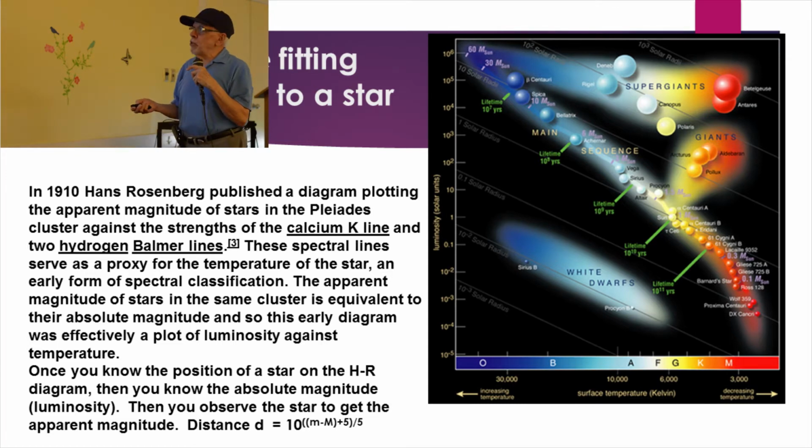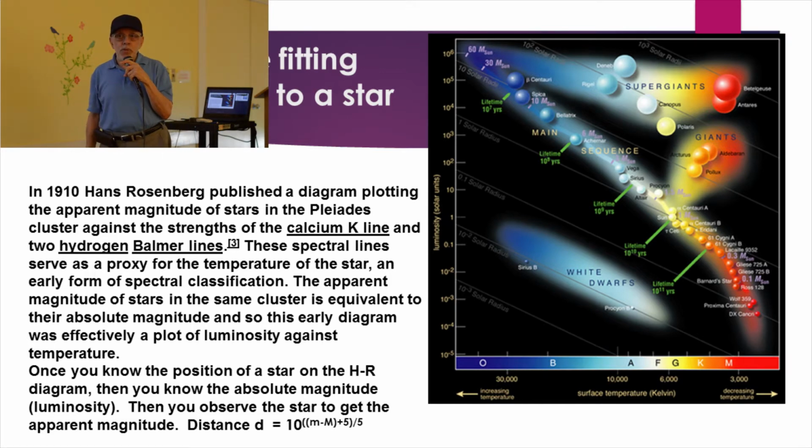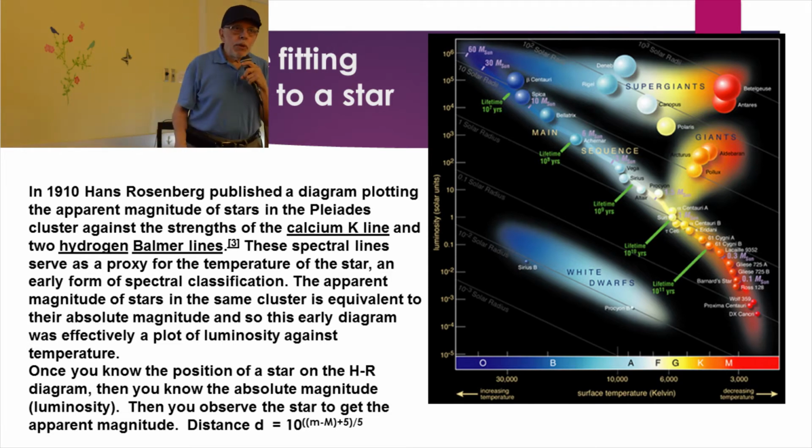We can identify stars on the main sequence or off the main sequence by virtue of their spectrum, because the chemical compositions of stars that have moved off of the main sequence is different from stars that are on the main sequence. So by looking at the spectrum of these stars, we can determine whether they're on the main sequence or not. Very straightforward.